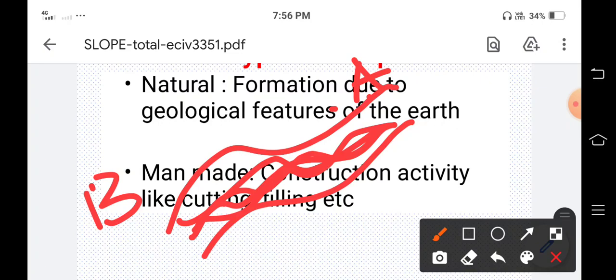This will cause shear stresses in the soil mass. To avoid these shear stresses, we have to resist the soil sample.